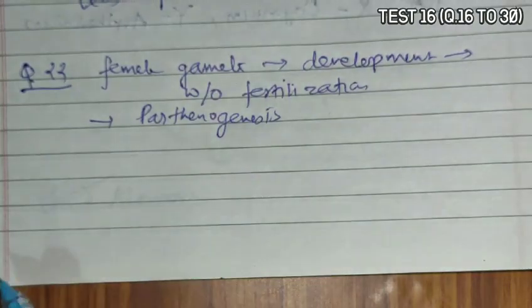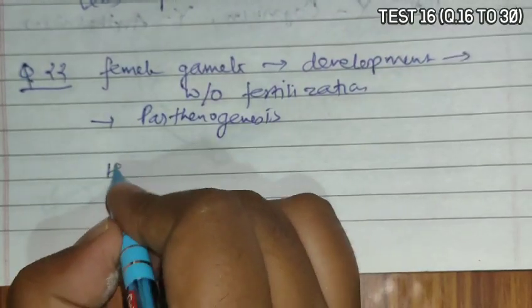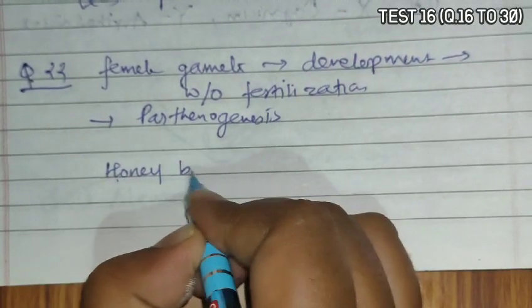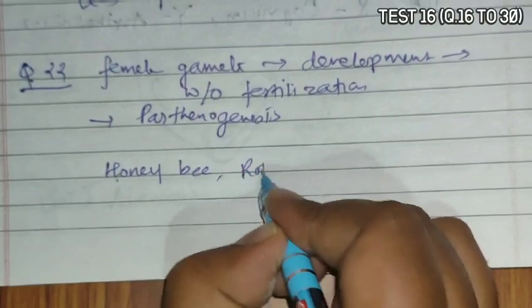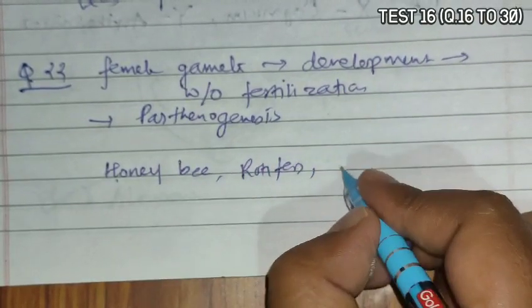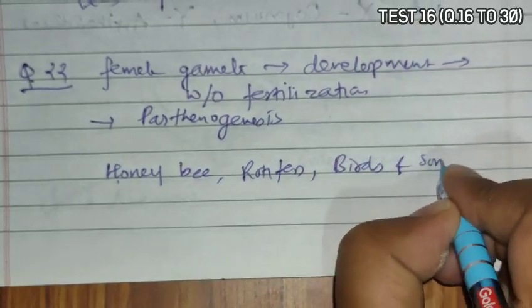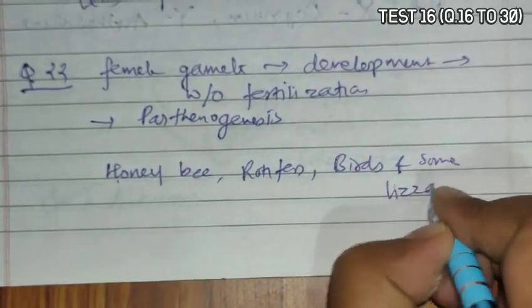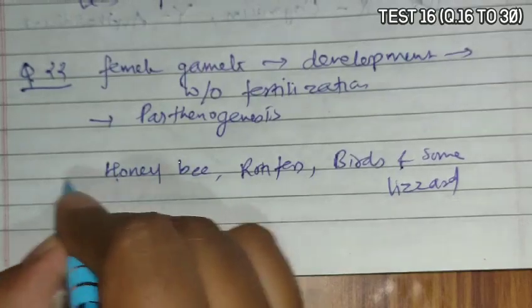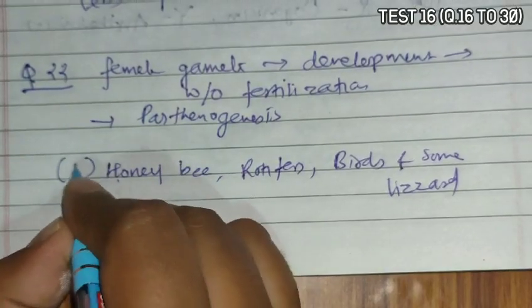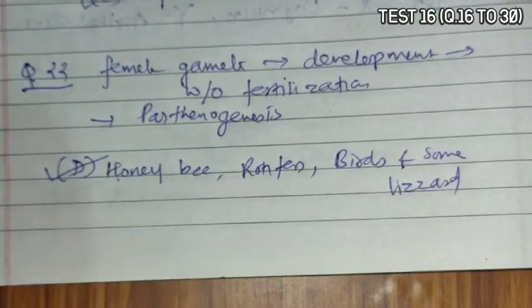And parthenogenesis can be observed in the case of honeybee, rotifers, birds, and some lizards. So option D becomes the correct answer.